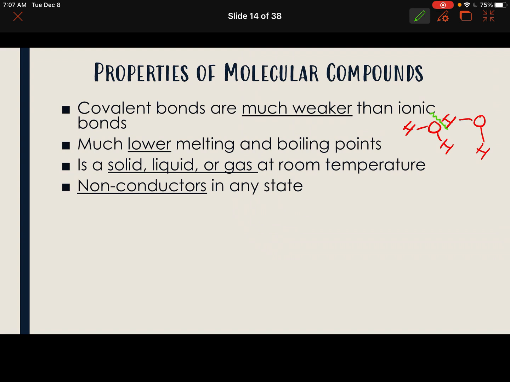I'm breaking the intermolecular force between this water molecule and that water molecule. So it's a lot easier to melt covalent compounds because you're breaking that intermolecular force instead of a bond, and those intermolecular forces are much weaker than bonds. And we'll talk about intermolecular forces later.